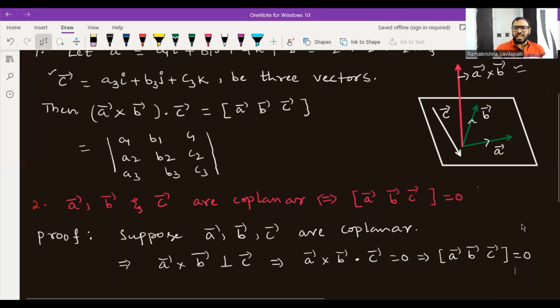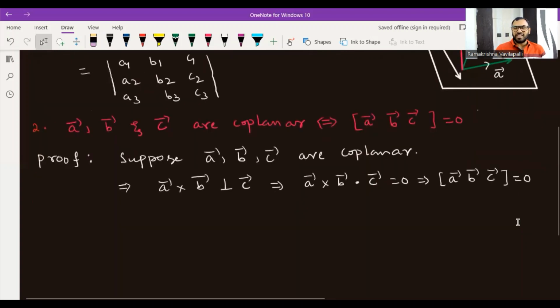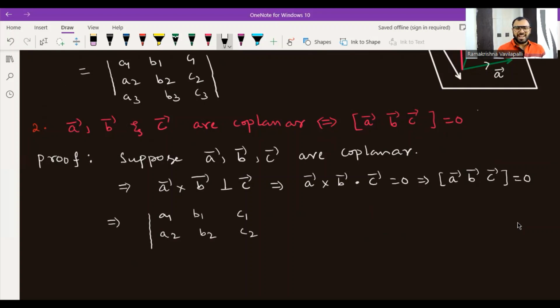So it is just an application of a determinant. This implies the determinant of a1, b1, c1, a2, b2, c2 and a3, b3, c3 equal to 0.